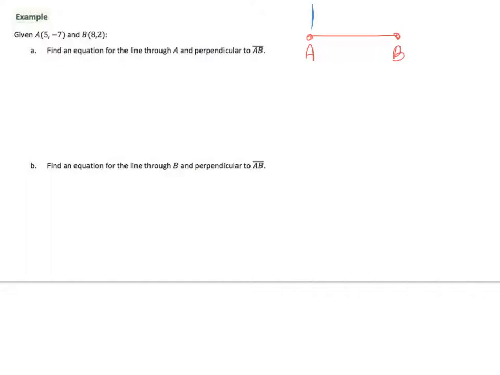So I'm going to add a point P to it. We know AB, so I'm trying to find this normal line, line AP.